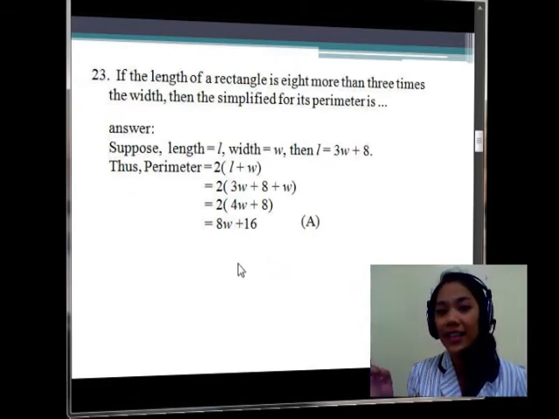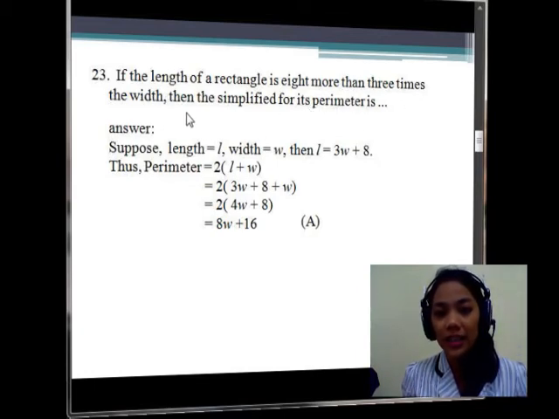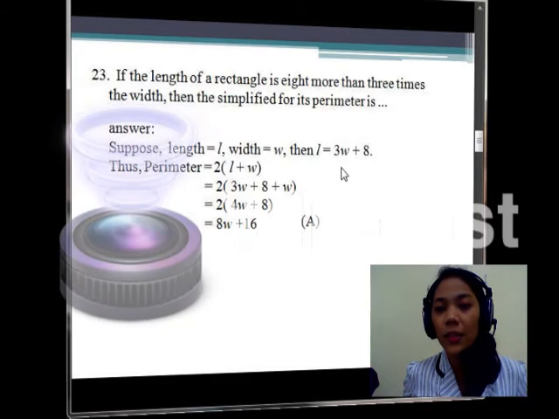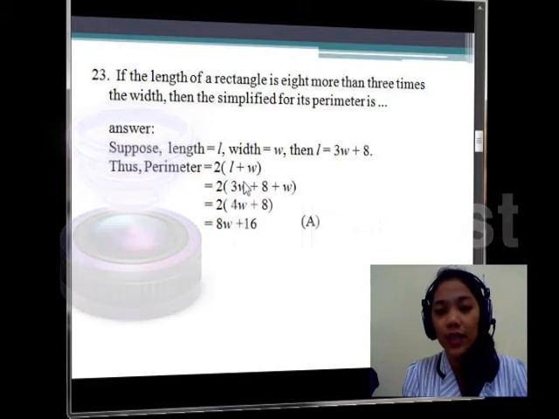Number 3. If the length of a rectangle is 8 more than 3 times the width, then the simplified form of its perimeter is? Suppose length equals L, width equals W, then L equals 3 width plus 8. Thus, perimeter equals 2 times the quantity of length plus width.